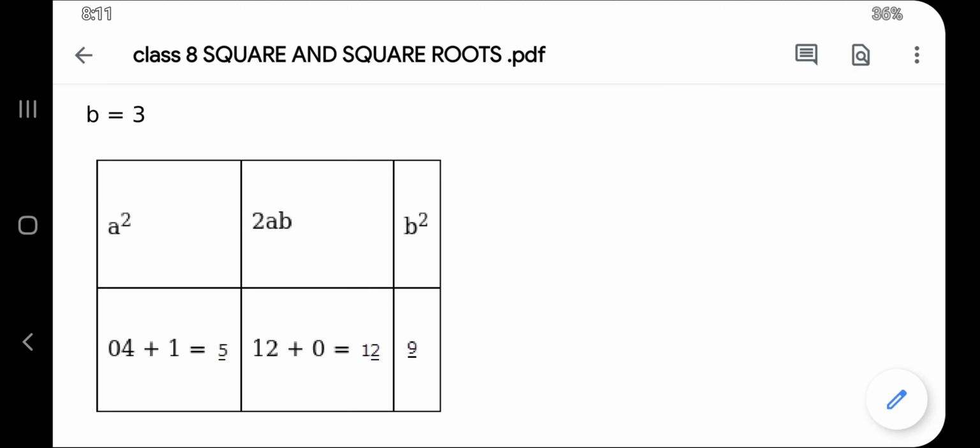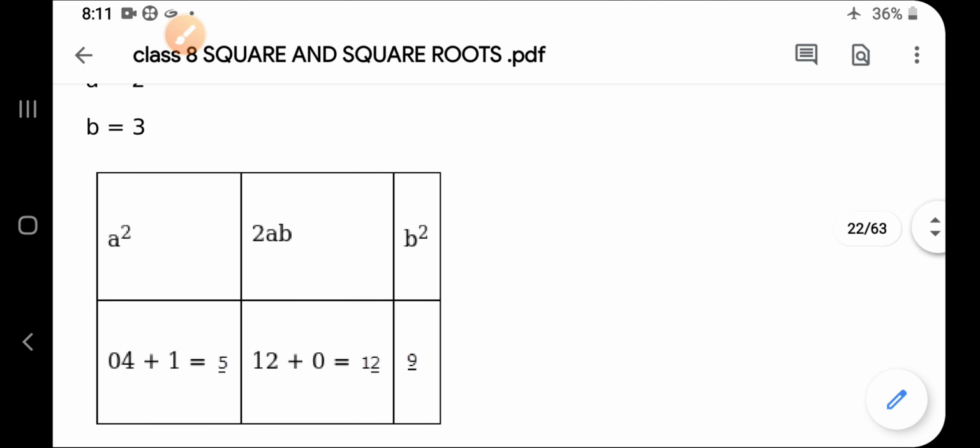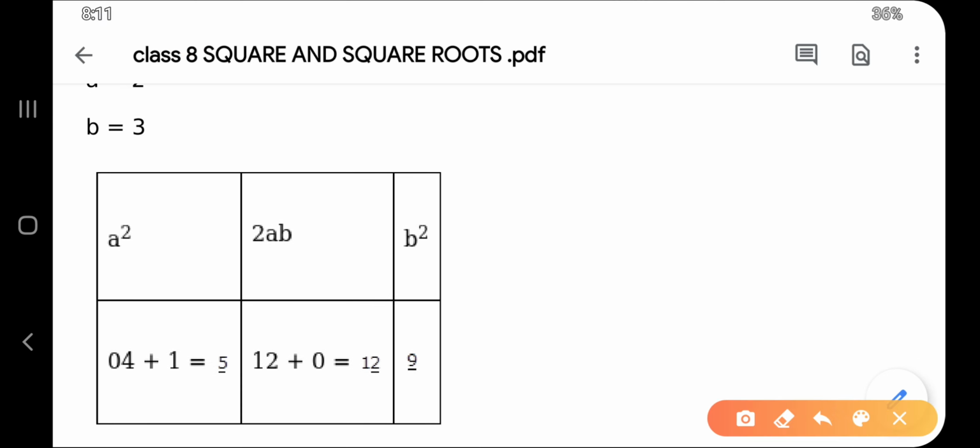So let's begin. We are using the column method. A is not visible, so I'm writing it here. A equals 2. Now a square, 2ab, b square. B square means what?